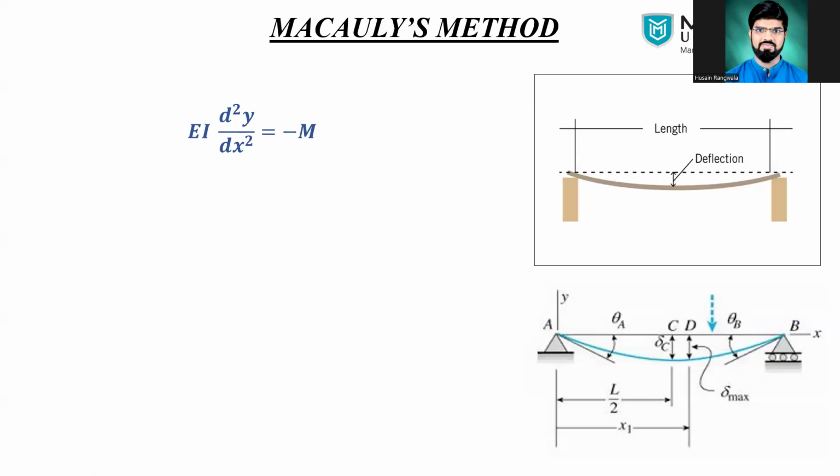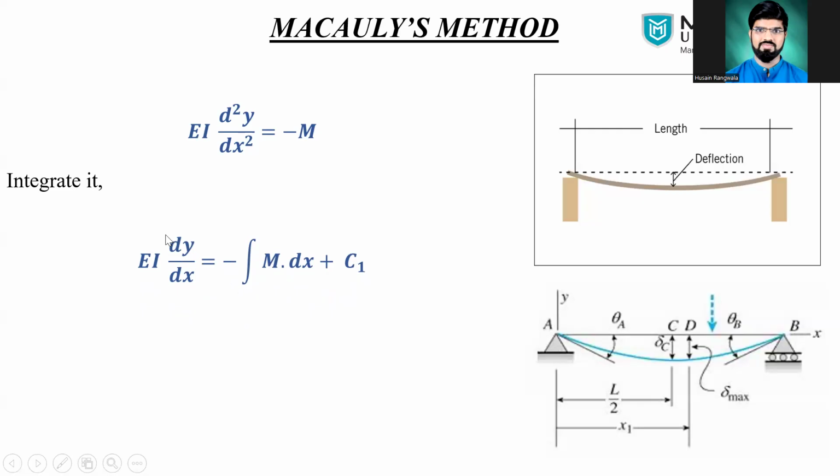Now, when we integrate it, d2y/dx^2, which is the curvature of the deflected shape, becomes dy/dx, while on the right hand side it becomes the integral of M dx plus C1.